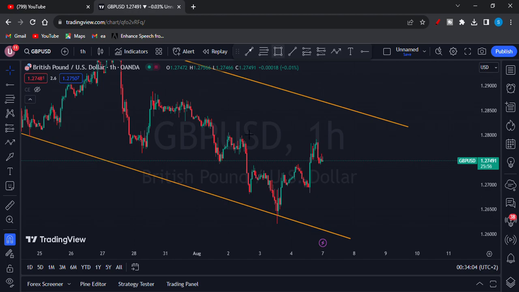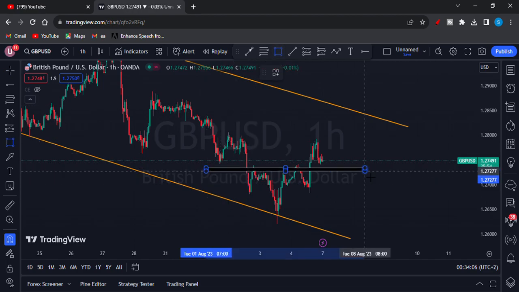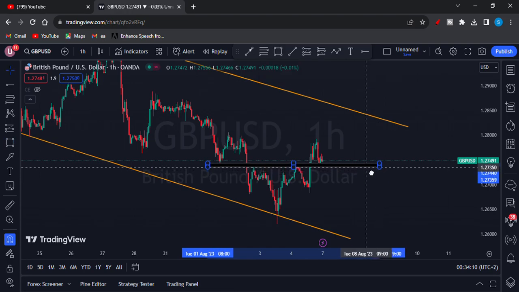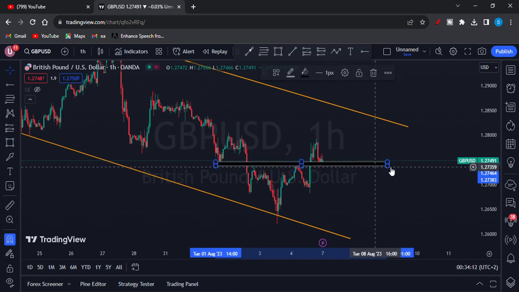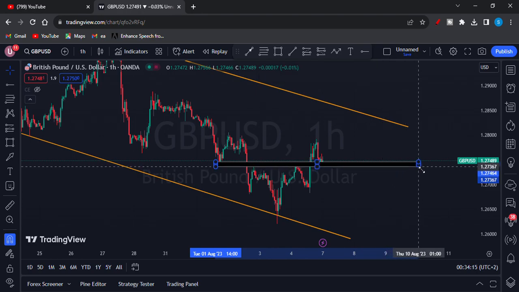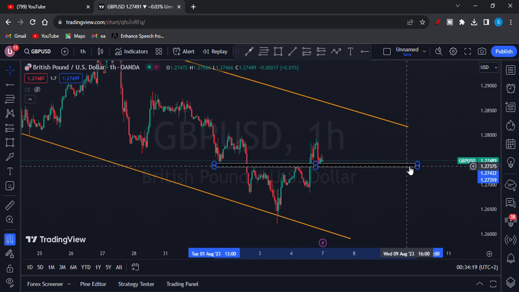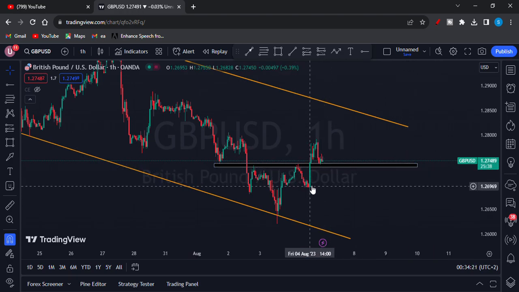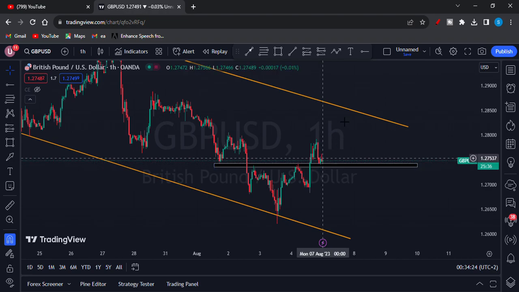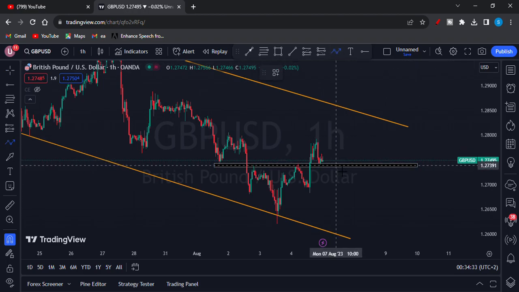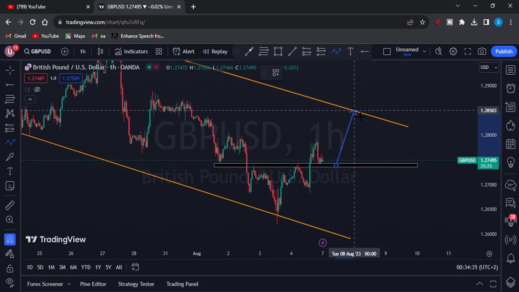So we have this zone right here. We have break, retest, and then it's potential that we can go all the way up.